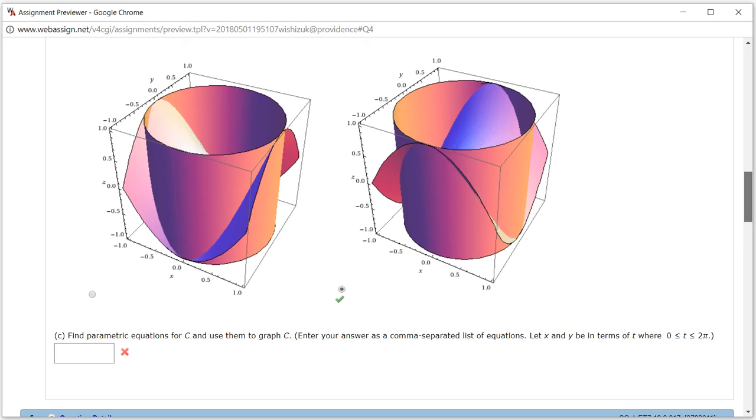Now let's look at part C: find the parametric equations for C and use them to graph C. We want the parametric equation for this curve.